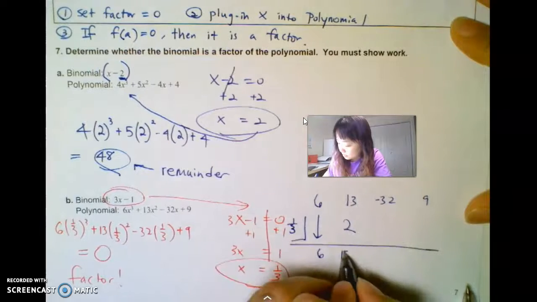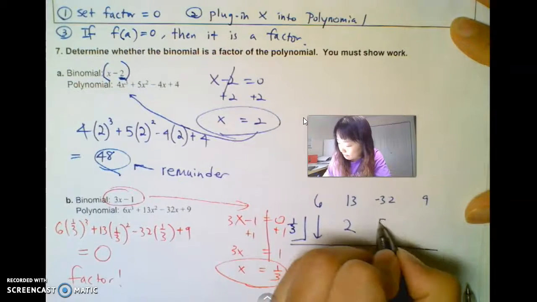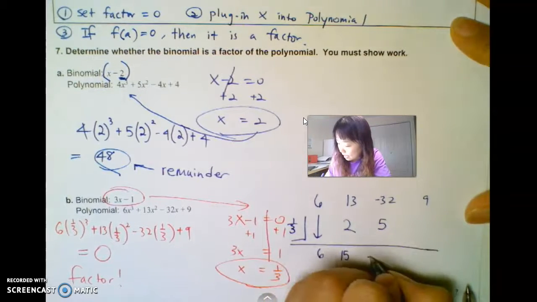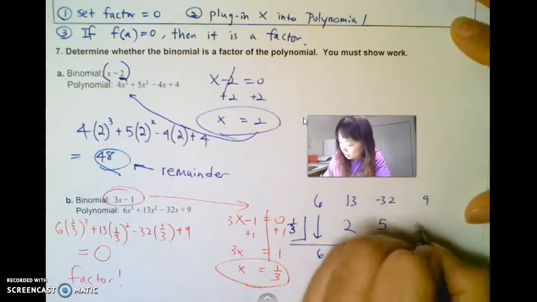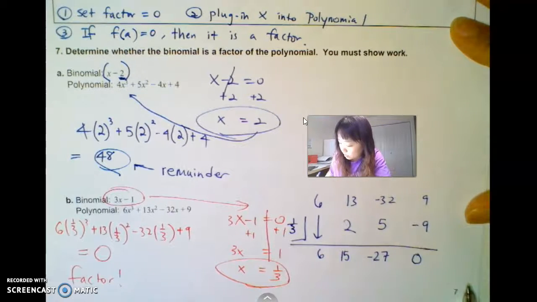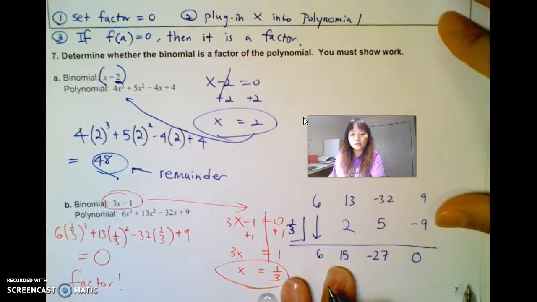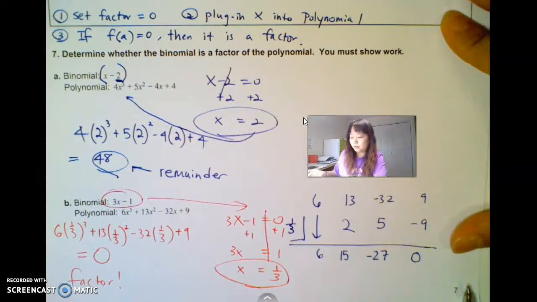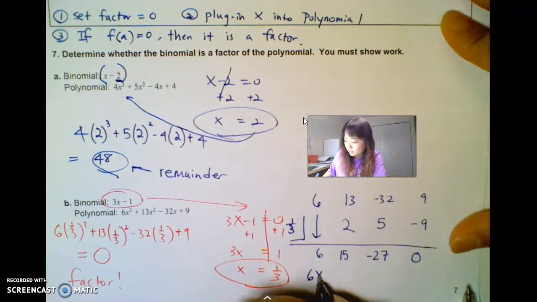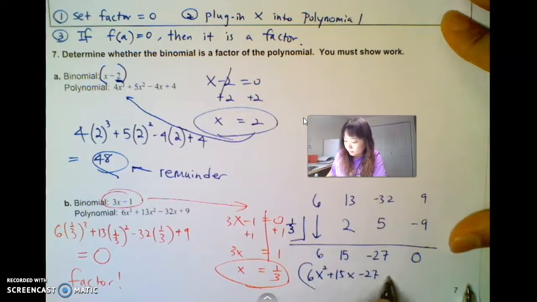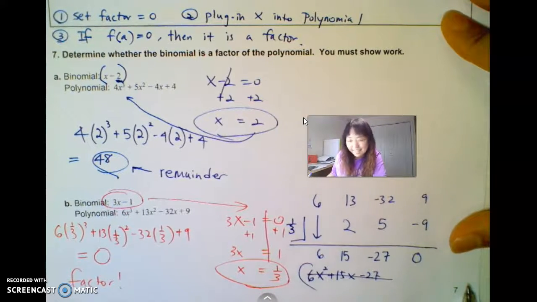Add 15. Multiply 5. Add negative 27. Multiply negative 9. Add 0. Look, there was remainder 0. So do you see how it would have been a perfect factor? It would have been 6x squared plus 15x minus 27.